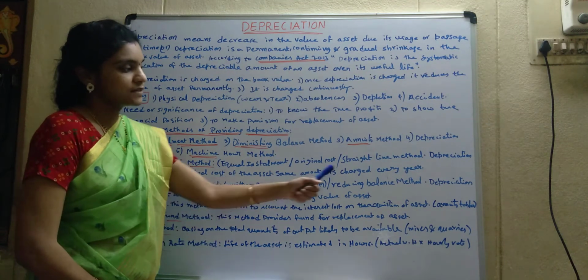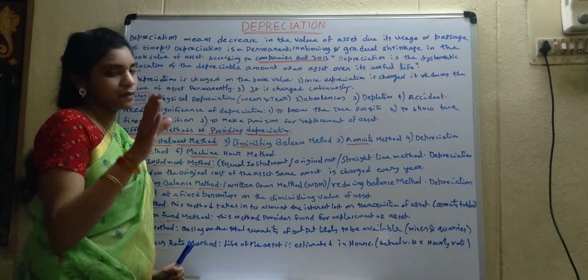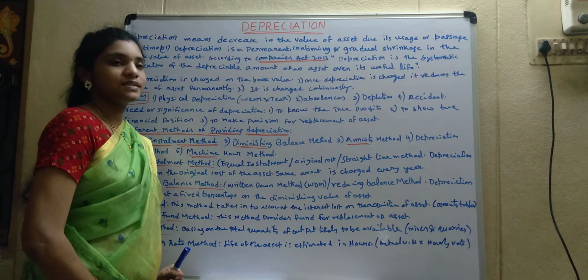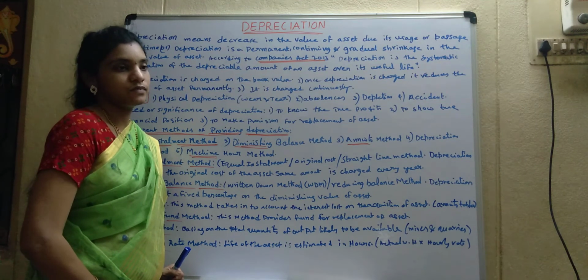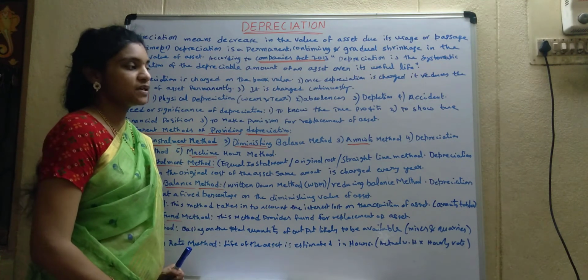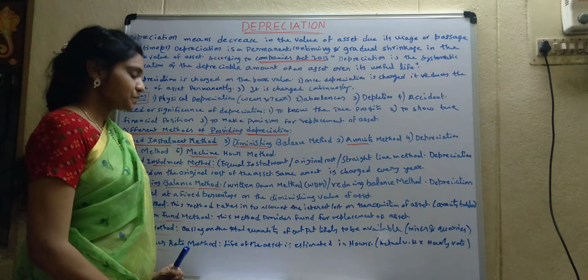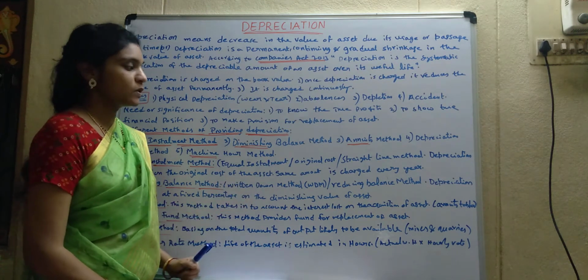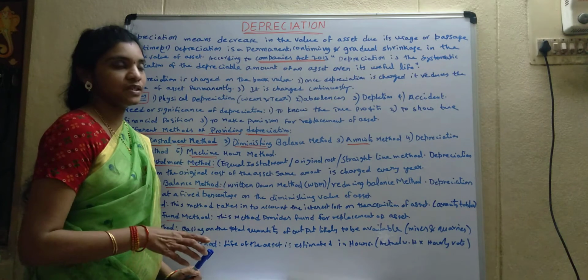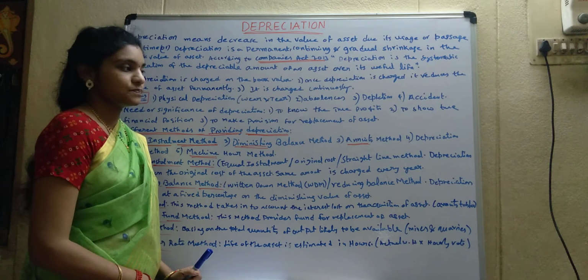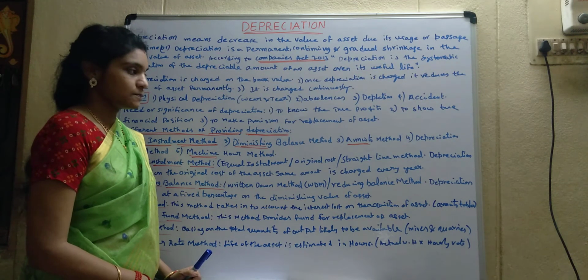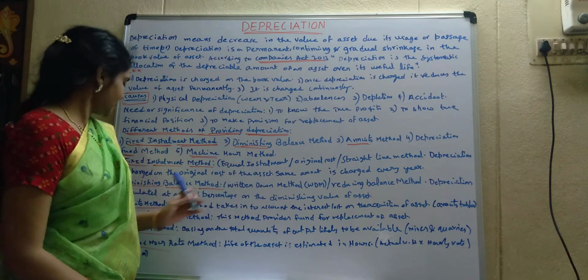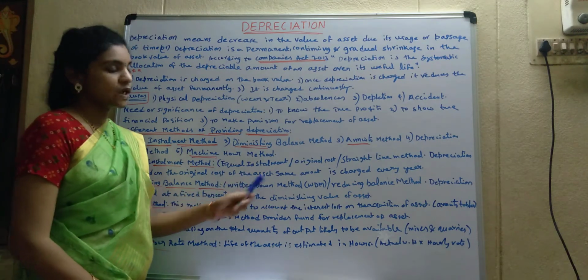Straight line means the same amount. We charge the same amount of depreciation every year. And depreciation is charged on the original cost of the asset.